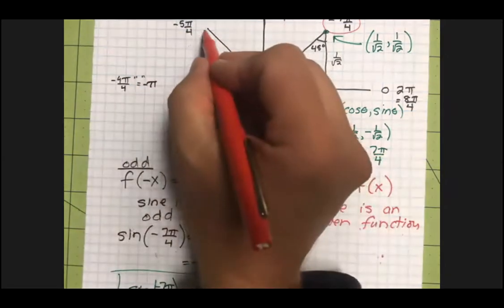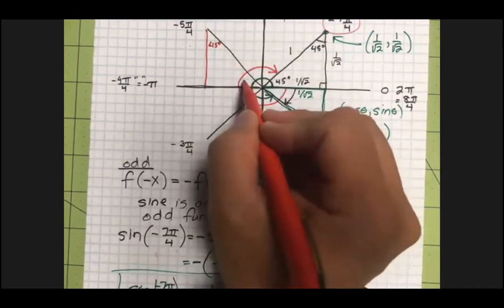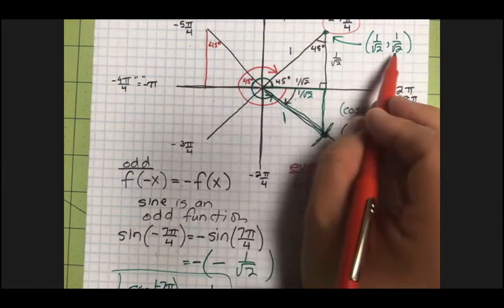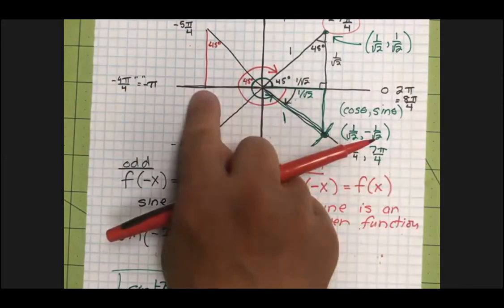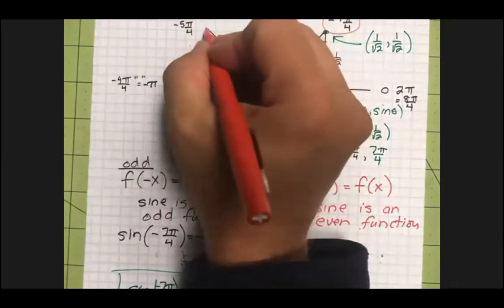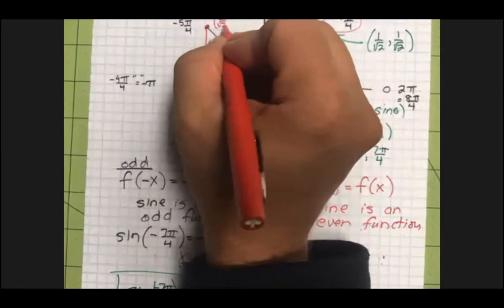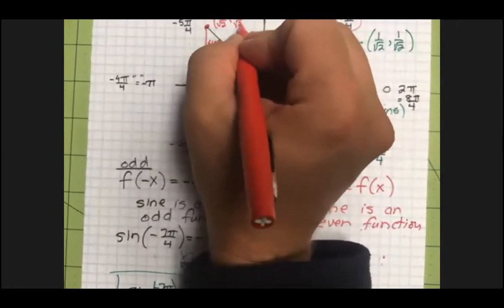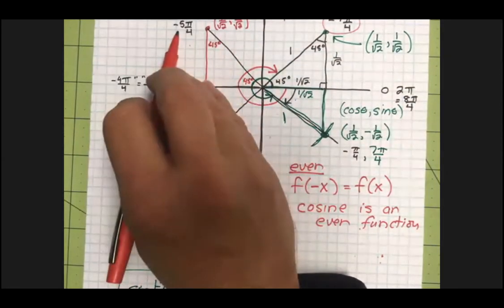How about minus 5 pi over 4? It's got the same 45, 45, 90 reference triangle. So its values are going to be 1 over root 2, 1 over root 2. But this time the x coordinate would be negative and the y coordinate would be positive. So this point would be 1 over root 2 negative and 1 over root 2 positive. That's the cosine of minus 5 pi over 4.